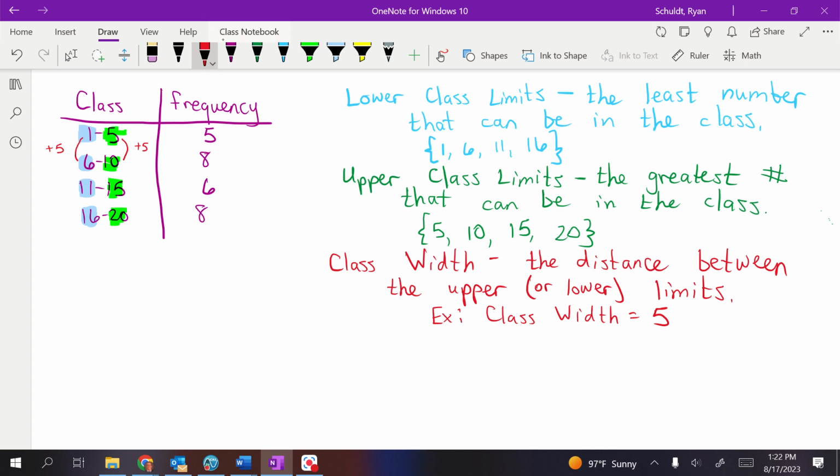That's class width. And then the last little definition here is the range.